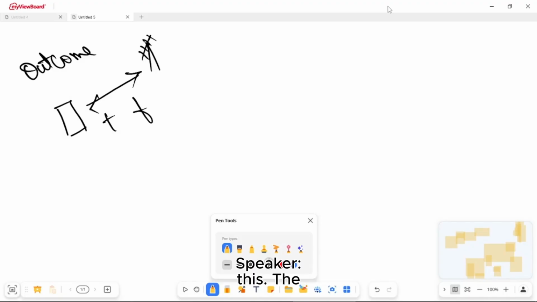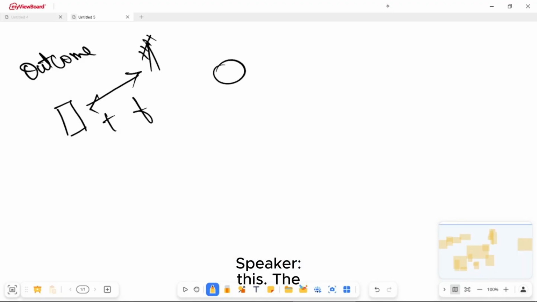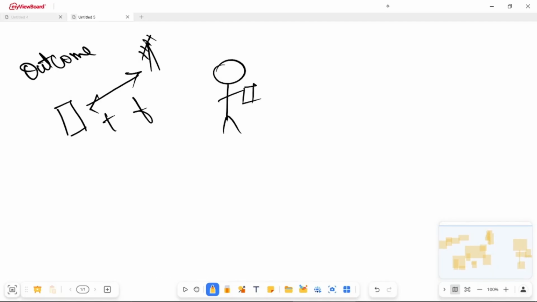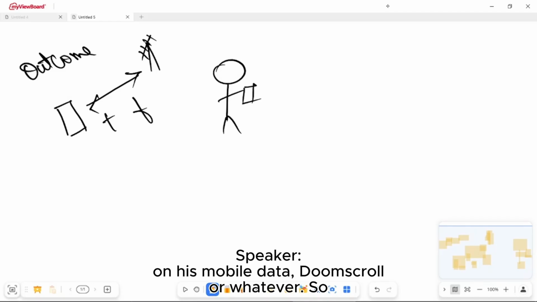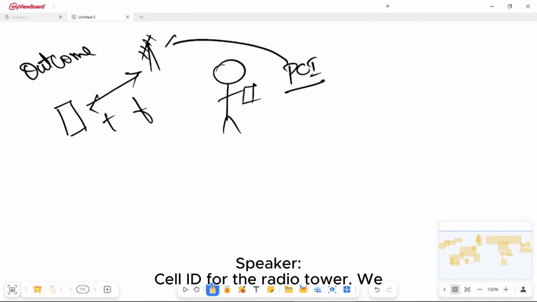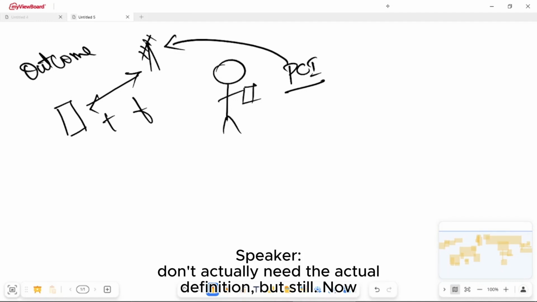After this, the guy might turn on his mobile data, doom scroll, or whatever. It is also used to find the PCI, physical cell ID, which is the cell ID for the radio tower. We don't actually need a formal definition, but still.